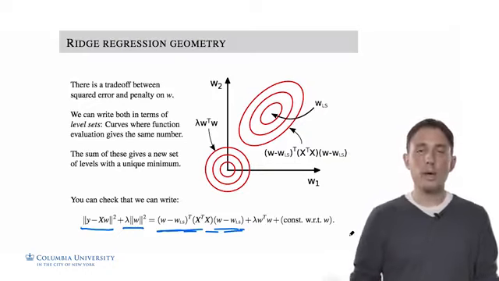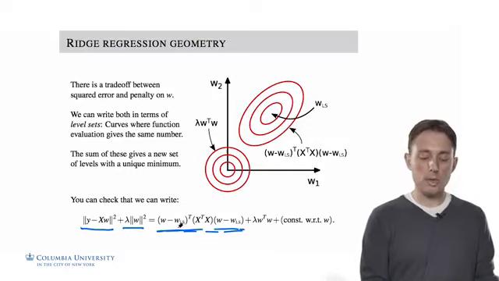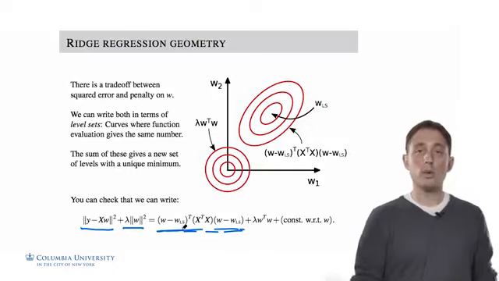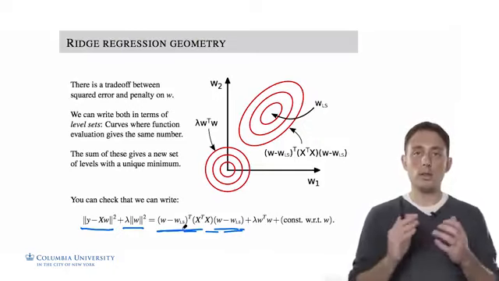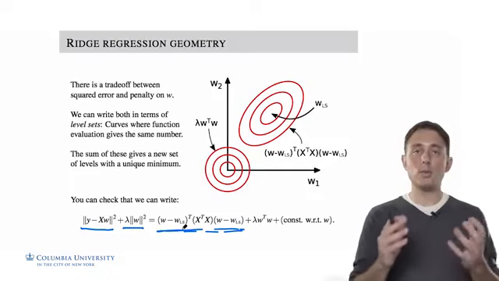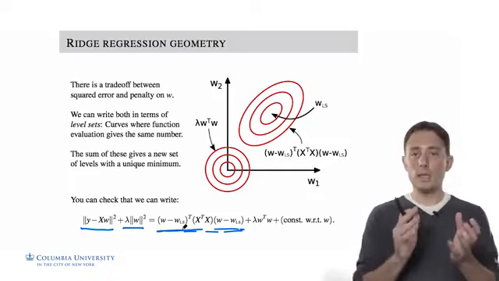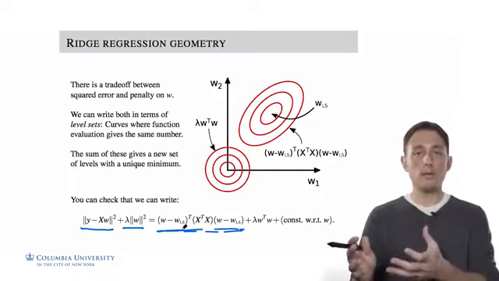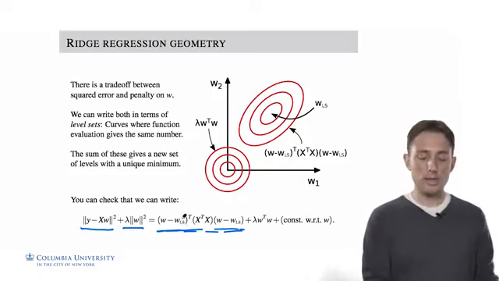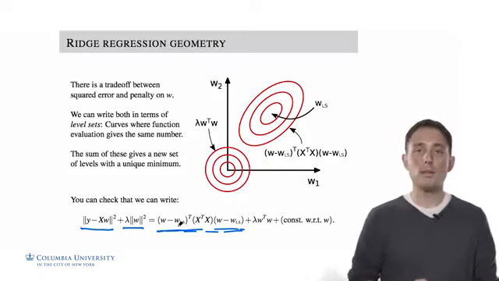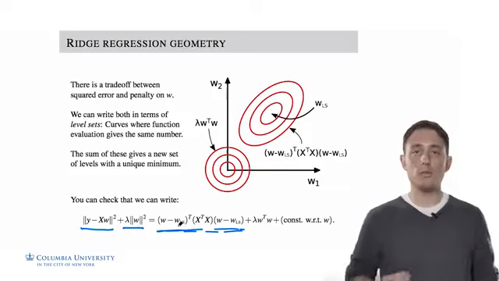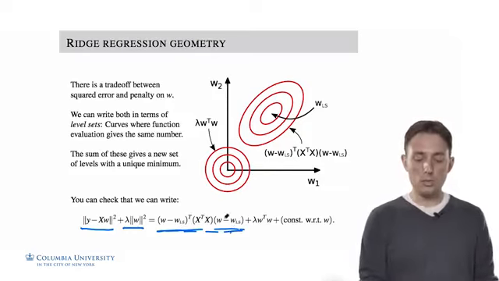A quick way to show this is to simply replace the least squares solution, w_LS, with the vector x transpose x inverse times x transpose y, which is the least squares solution. Replace w_LS with that matrix-vector product in these two locations.